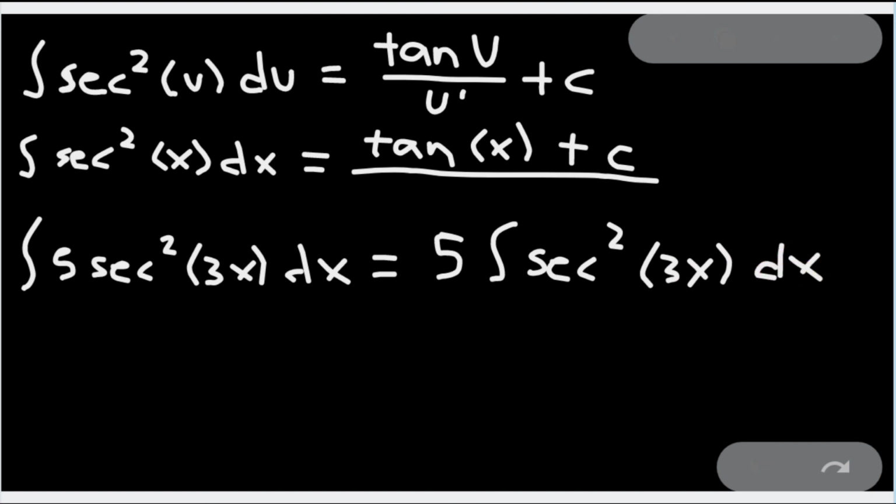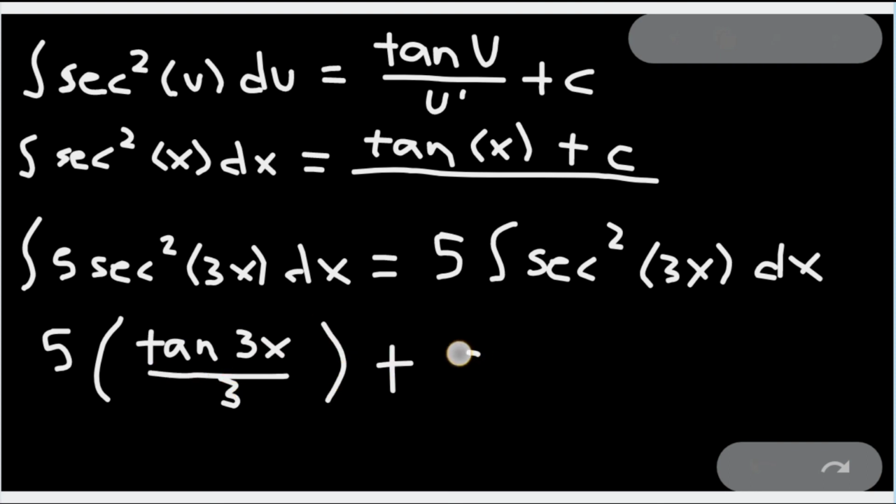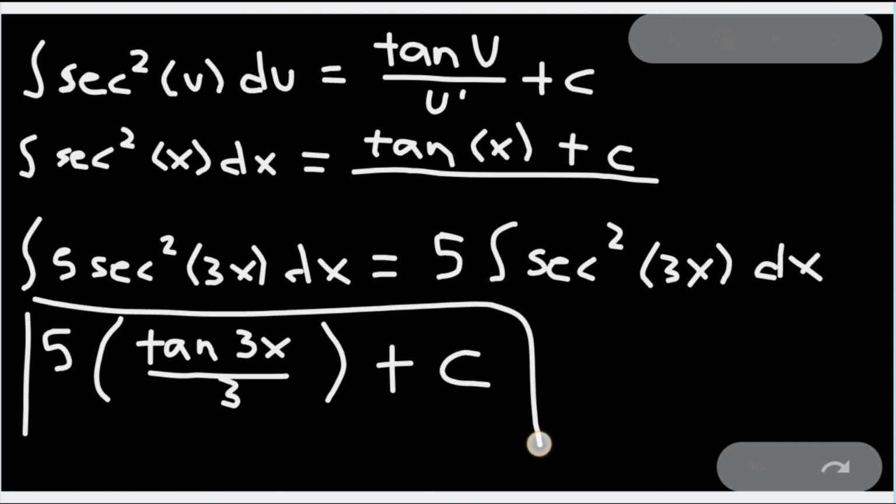The value of u here is 3x. So what we have now is 5 times tan 3x. And the derivative of 3x is 3. So over 3 plus c. So this is our final answer.